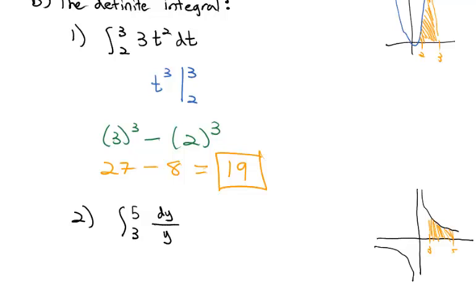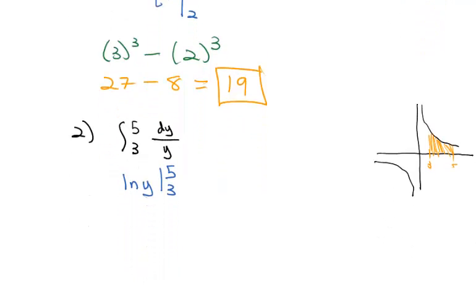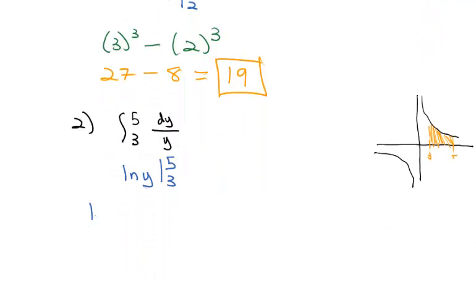Well, we know the antiderivative of 1 over y, which is y to the negative 1, is the natural log of y. And we're going to evaluate it from 3 to 5. Well, that's the natural log of 5 minus the natural log of 3, subtracting those values.